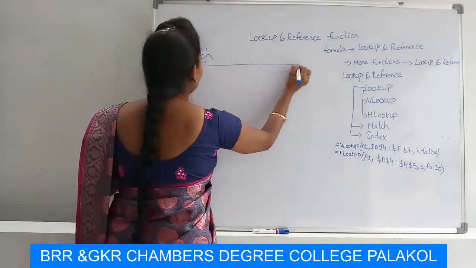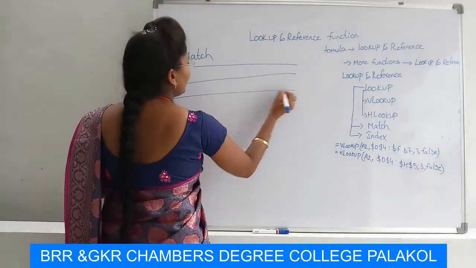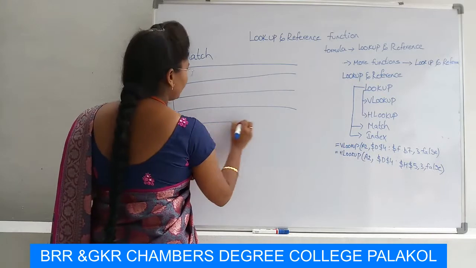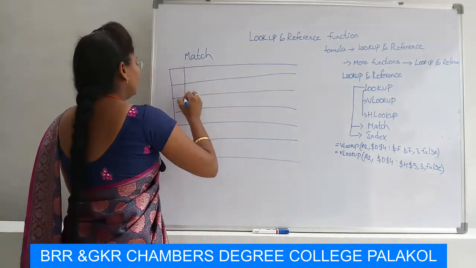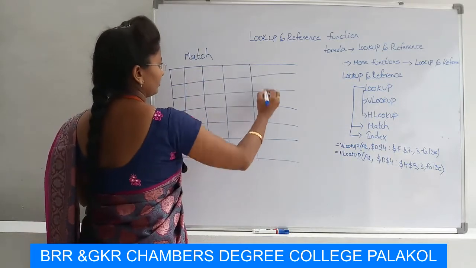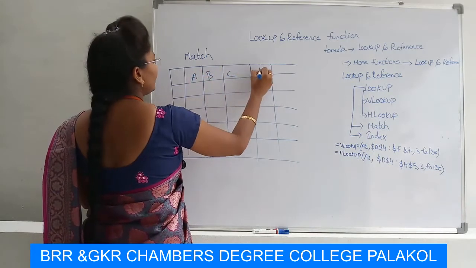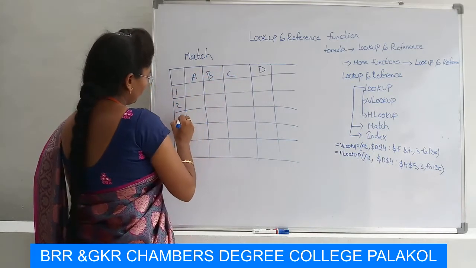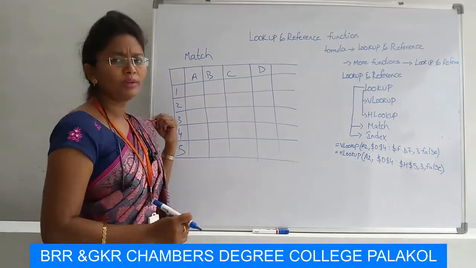For this MATCH function also I have to enter some data in the Excel sheet. Here I am taking a sample Excel sheet: A, B, C, D, 1, 2, 3, 4 and 5 over here.